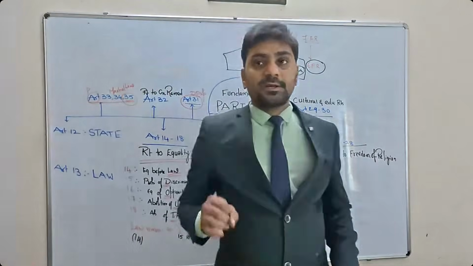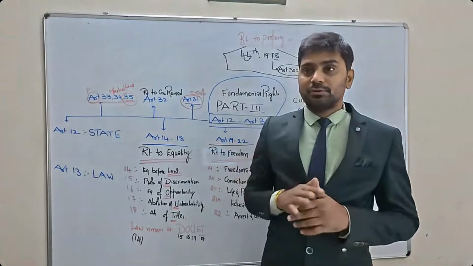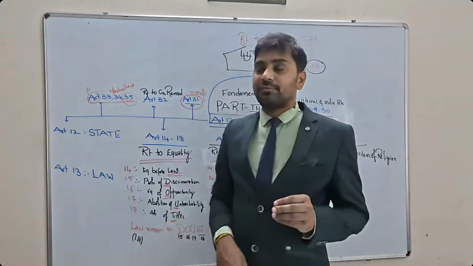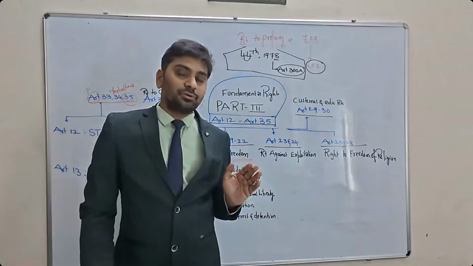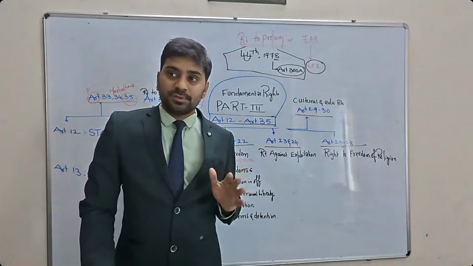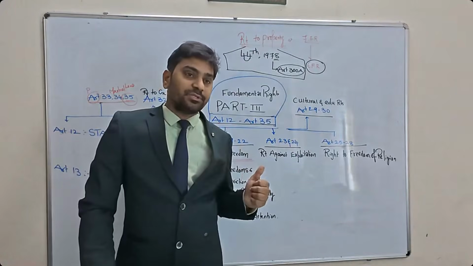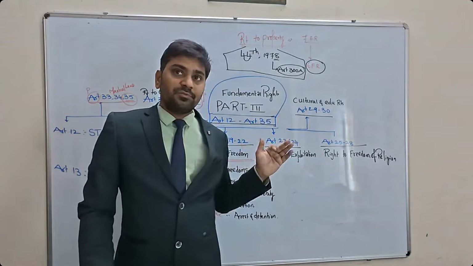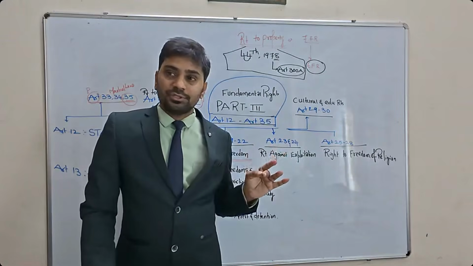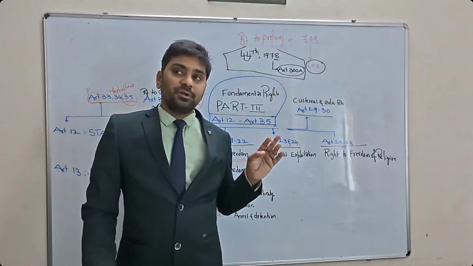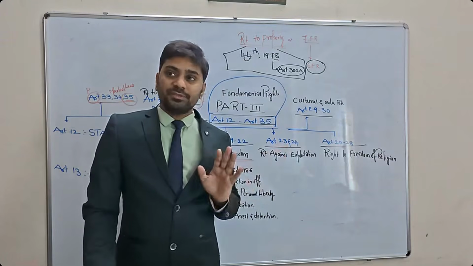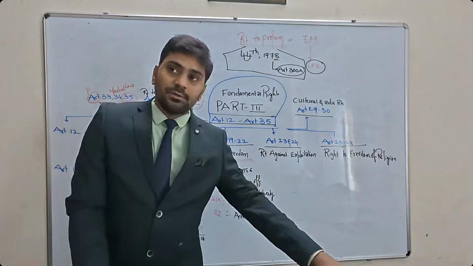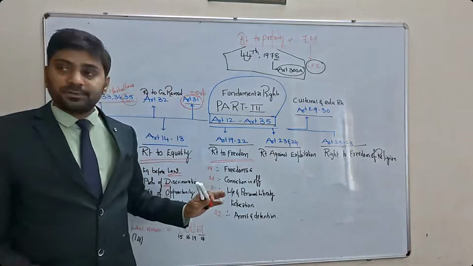So Articles 19, 20, 21, 22 speak about certain freedoms. Article 19 speaks about certain freedoms entrusted to the individual. There are 6 freedoms: freedom of speech and expression, assembly, association, movement, profession, and residence.